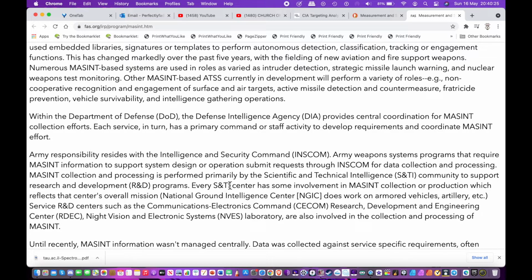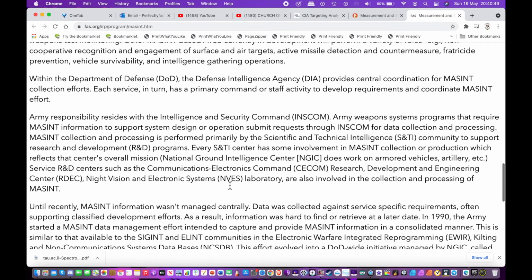Within the Department of Defense, the Defense Intelligence Agency provides central coordination for MASINT collection efforts. Each service, in turn, has a primary command or staff activity to develop requirements and coordinate MASINT efforts.